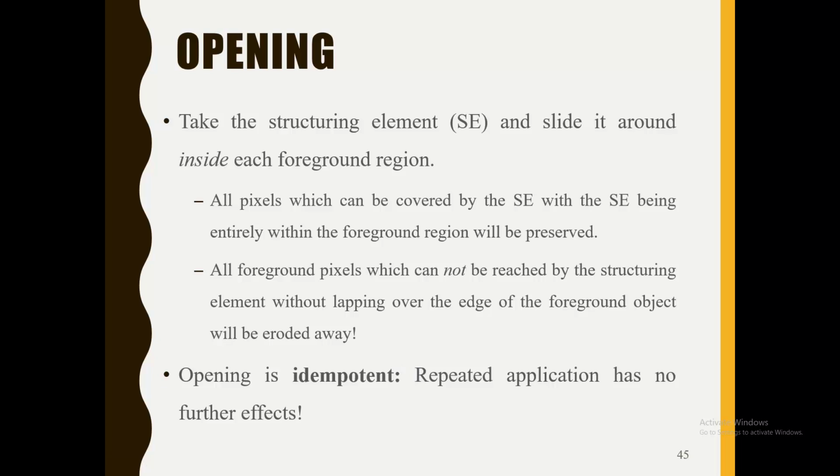Now for opening, take the structuring element and slide it around inside each foreground region. All pixels which can be covered by the structuring element SE, with the SE being entirely within the foreground region, will be preserved. And all foreground pixels which cannot be reached by the structuring element without lapping over the edge of the foreground object will be eroded away.